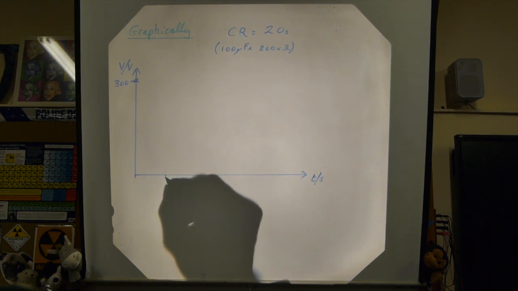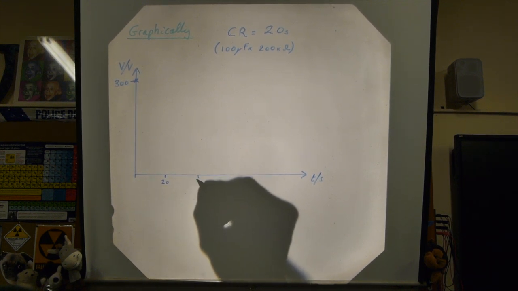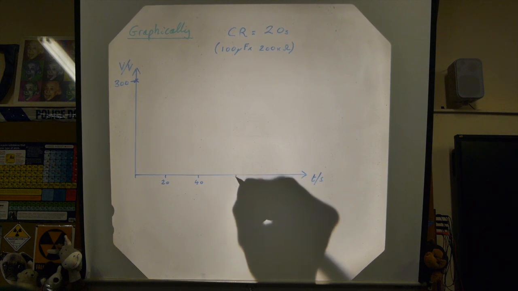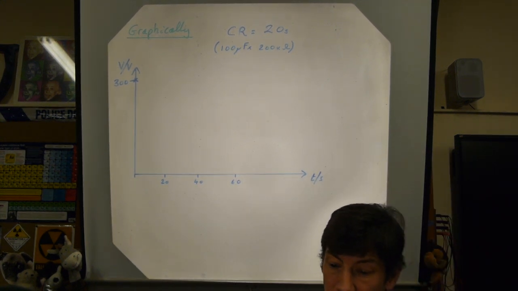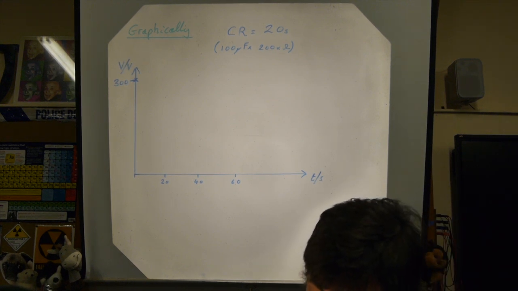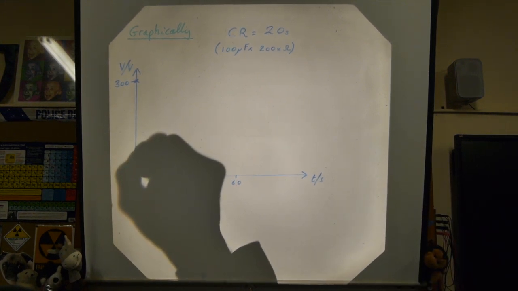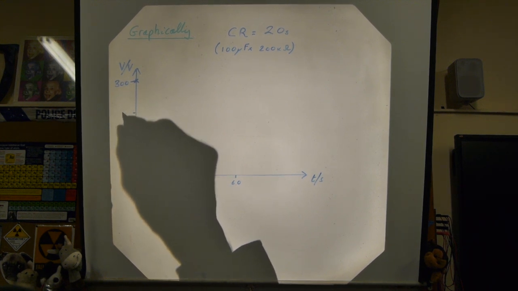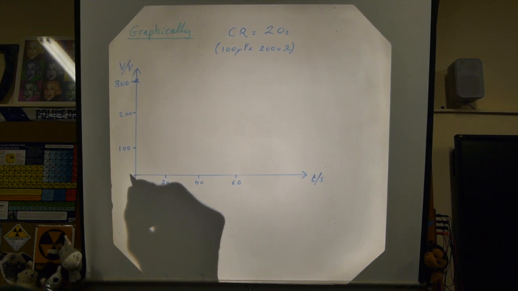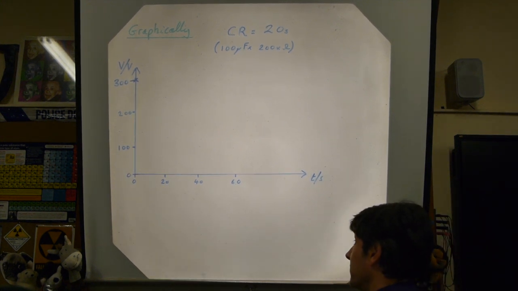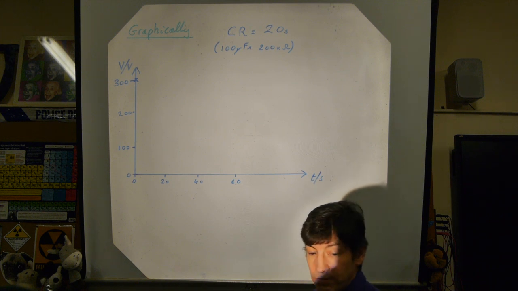So we'll do 20, 40, and 60. I could go on further, but that will do. And I need to put this scale on, so that's going to be around 100 volts, and that's going to be around 200 volts. It really helps to have linear scales and to start at 0.